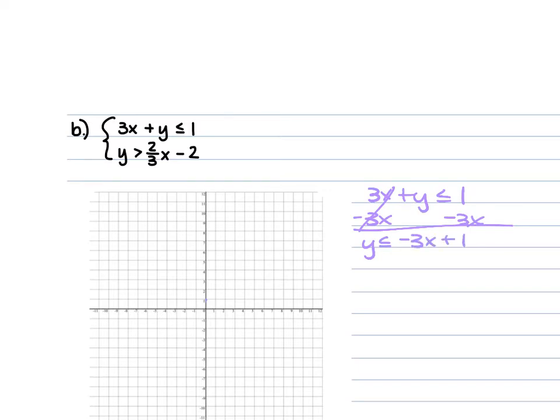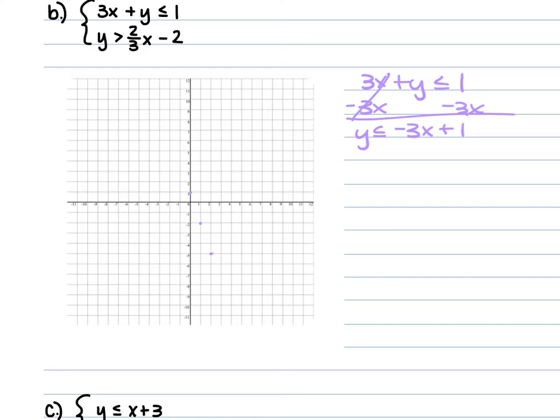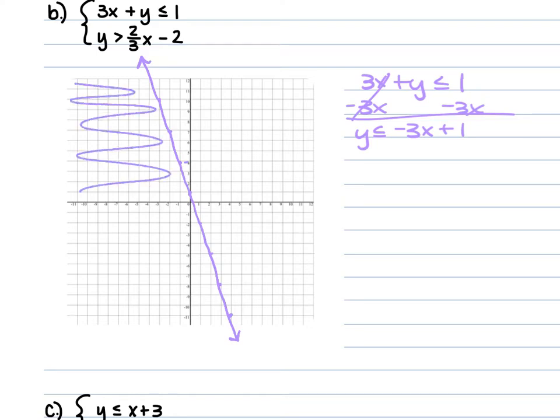So plotting the 1, going down 3 to the right 1, and then up 3 to the left 1. And then draw your line through your points. And then we're going to shade below this because it's less than or equal to, so anything below.